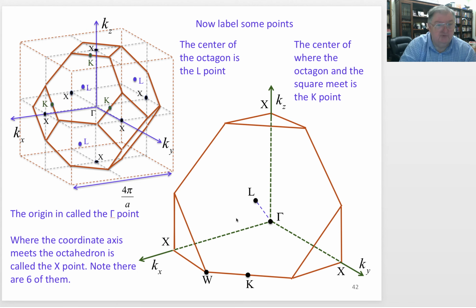The place where the hexagon and the square meet there in the middle, that's called the K point. Okay? So there's a K point, and I've labeled some other points here. Okay? Am I forgetting to say anything here? No, I think I've said everything that's written in words here, so you've got it all.